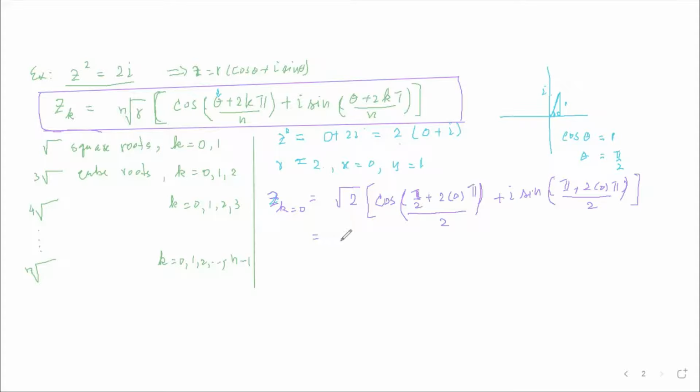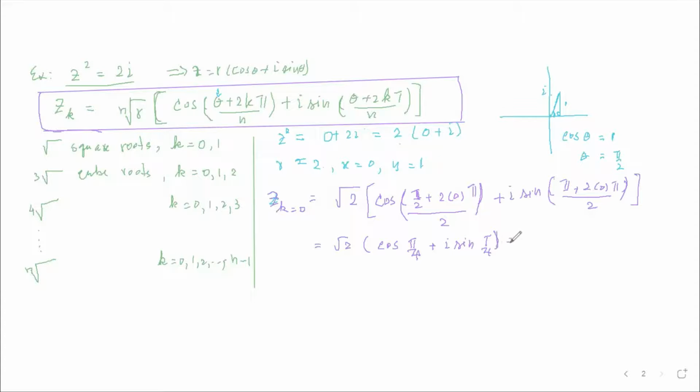Now after this you simplify. So we have this one is what? Square root 2. And this one, you see this 2 times 0 pi, the whole thing is 0, correct? So we left pi over 2, so we got cosine pi over 4. And then plus i sine should be same, right? So pi over 4.